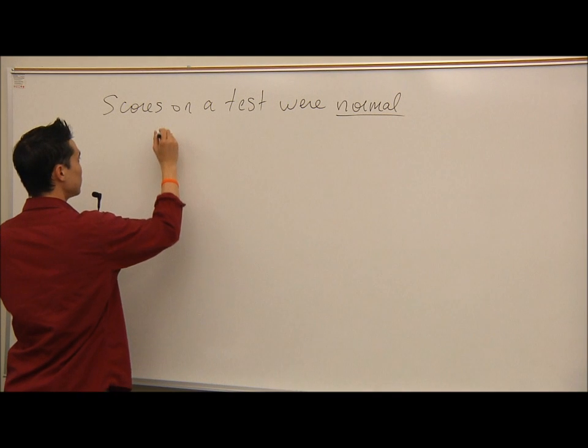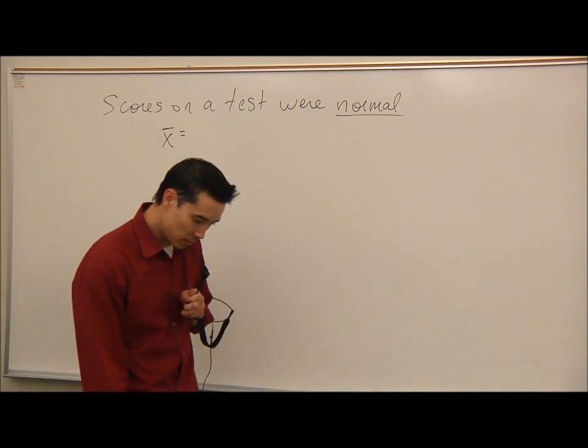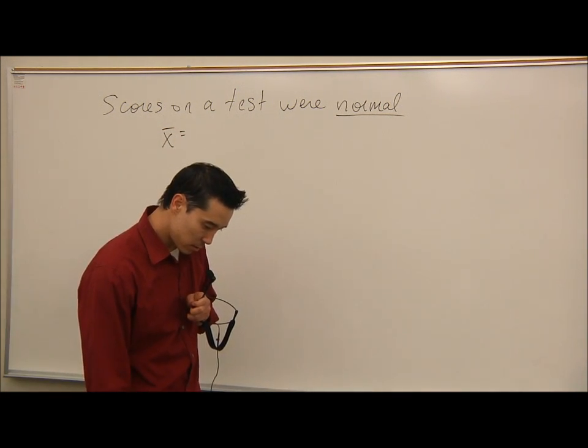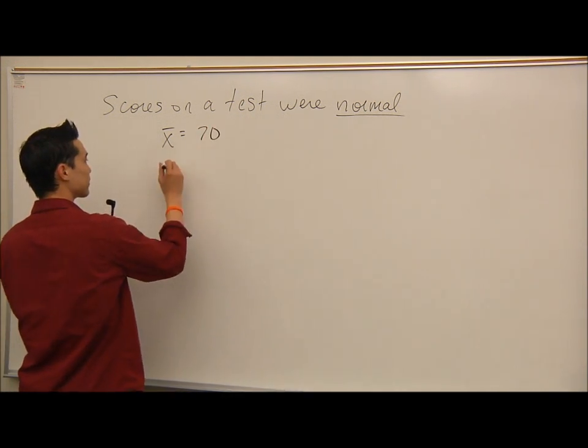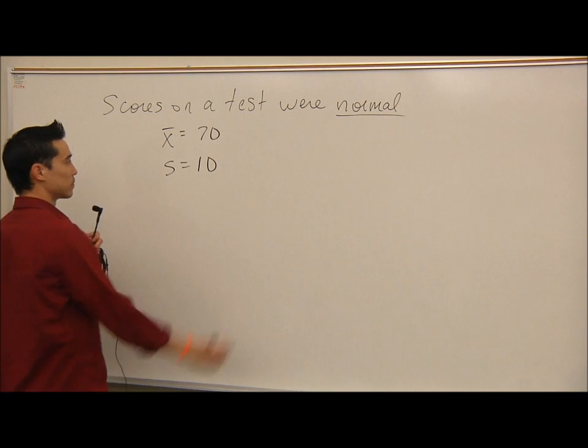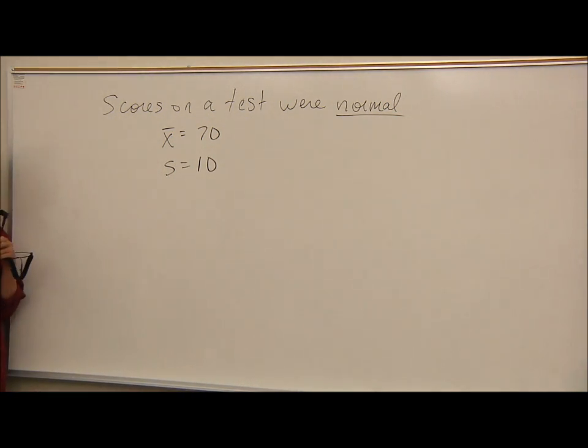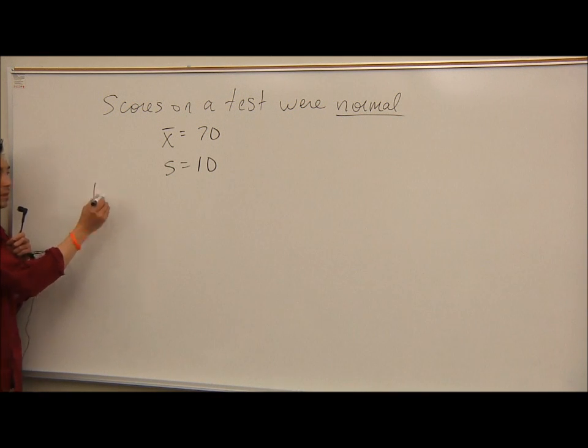And the mean was 70, and the standard deviation was 10. Okay? So again, I'm telling you that it's normal, so you're going to use the rule that we just put on the board. Question number 1.